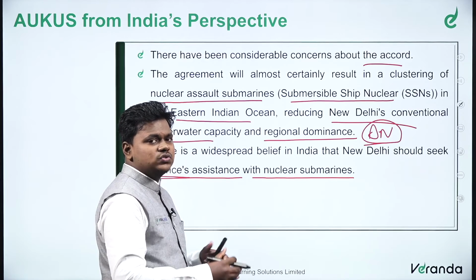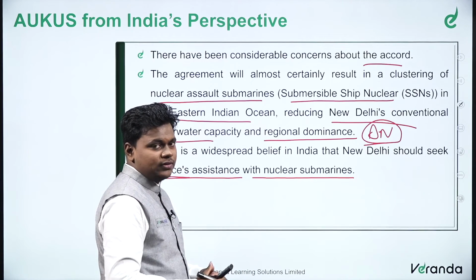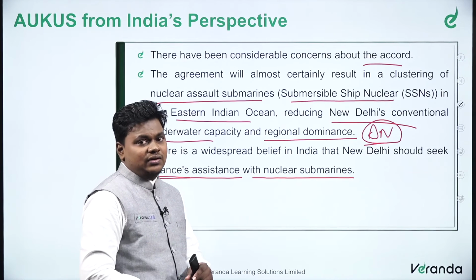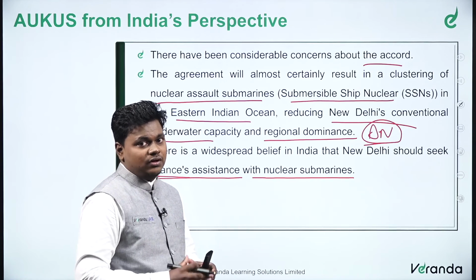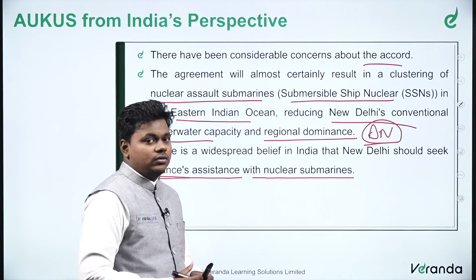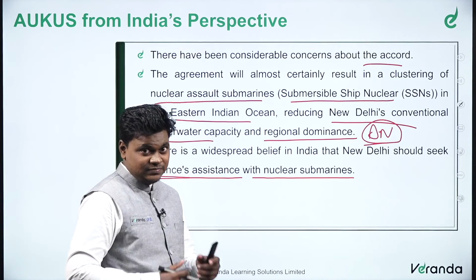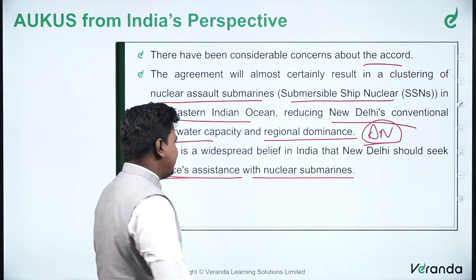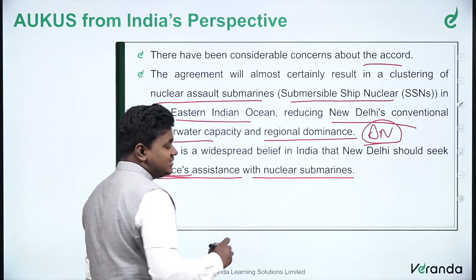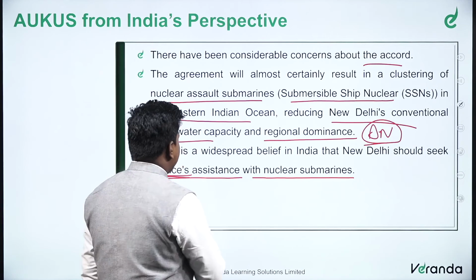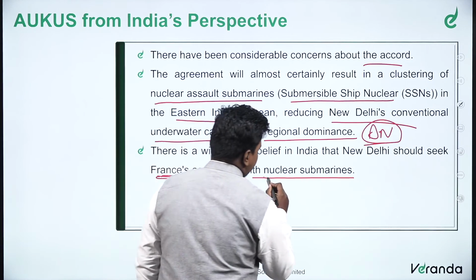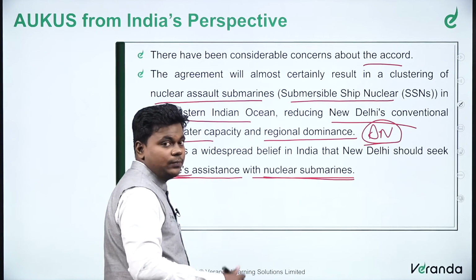We all know that France, the US and the UK have shared a strong friendship over all these years. They fought world wars side by side. But now France too was left alone like India.